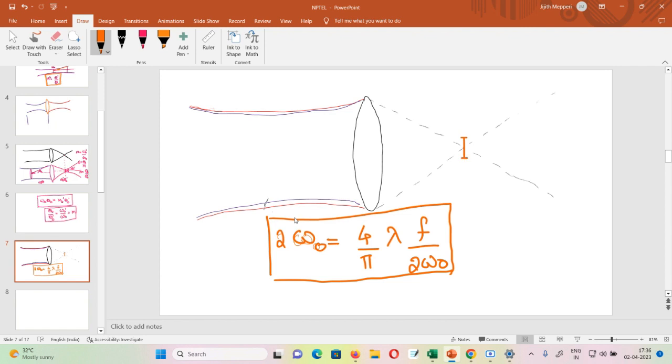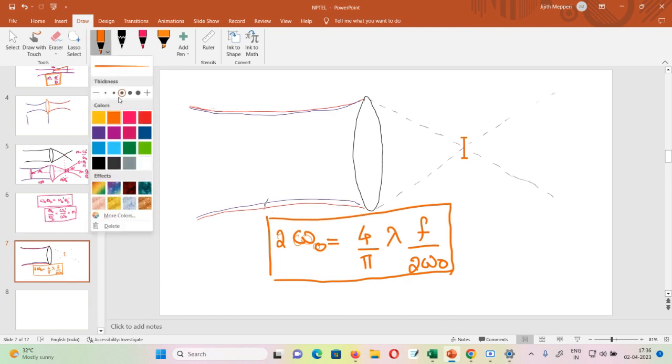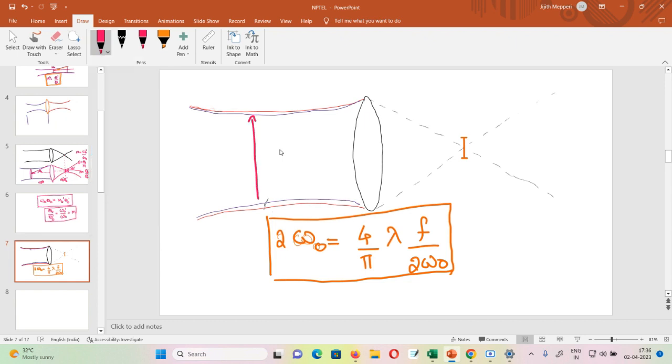So what are the parameters that depend on the wavelength? 4 is a constant, pi is a constant. f is the focal length of the lens, that's a constant. 2 omega naught, we already said that the incoming beams have the same parameter, so that is a constant. So you can see that 2 omega naught prime, the beam diameter, is proportional to lambda.